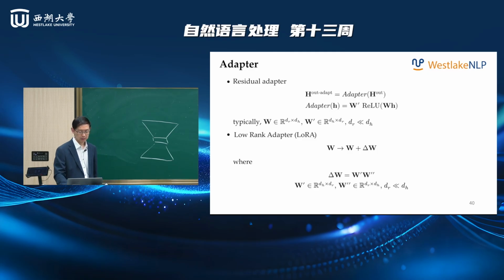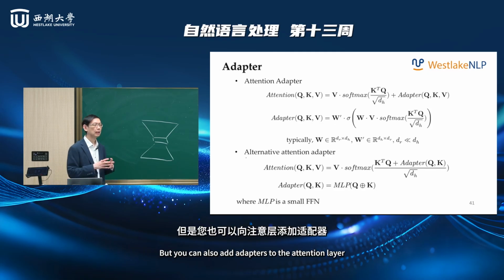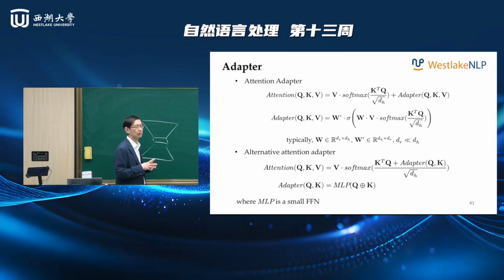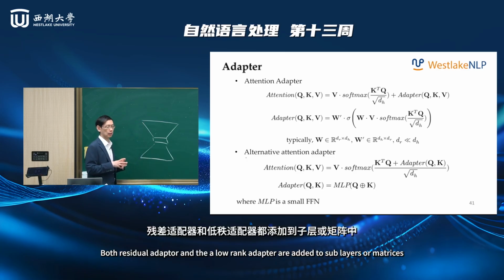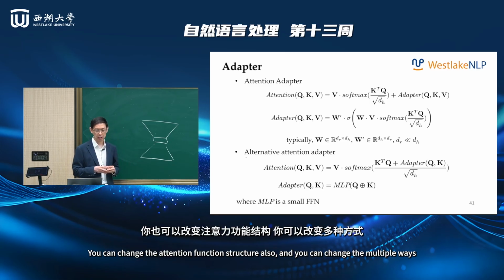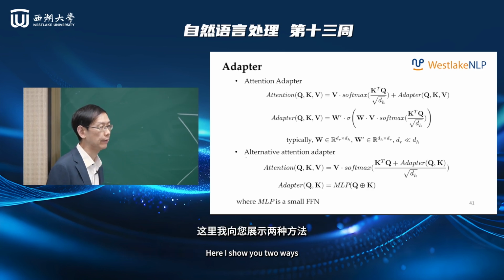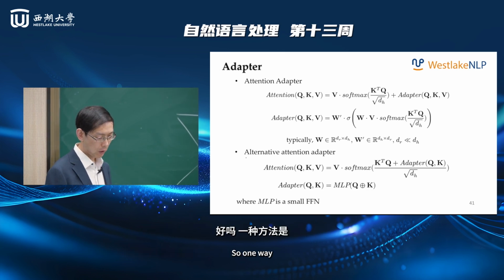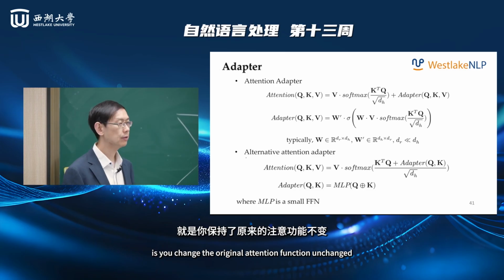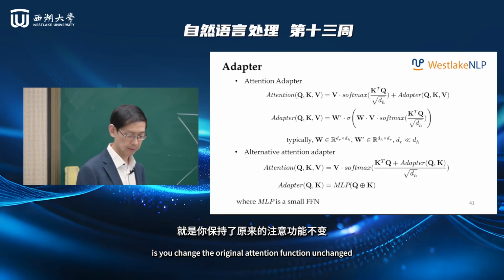So this is the second way to add adapter. But you can also add adapters to the attention layer. Both the residual adapter and the low-rank adapter are added to sublayers or matrices. You can change the attention function structure also, and you can change it in multiple ways. Here I show you two ways. One way is to keep the original attention function unchanged.